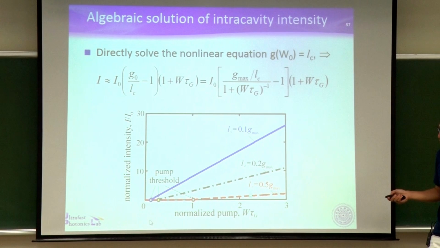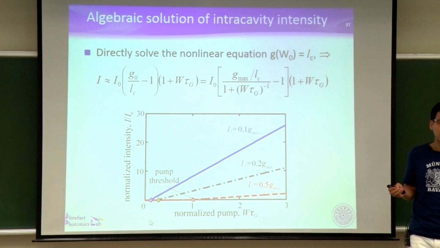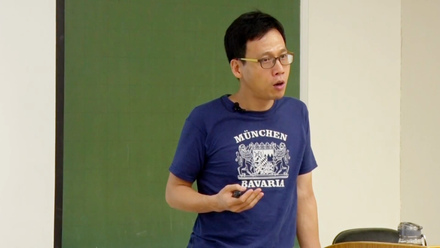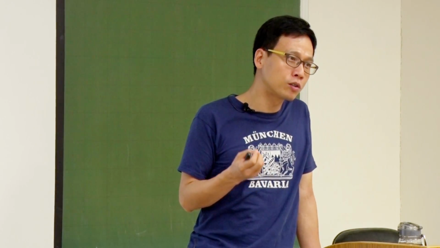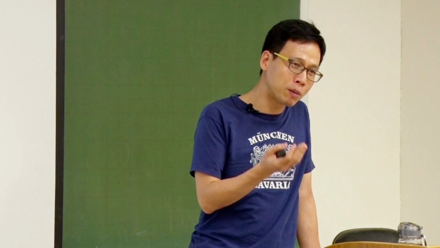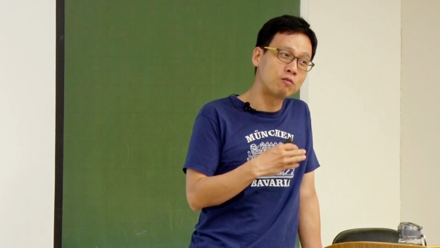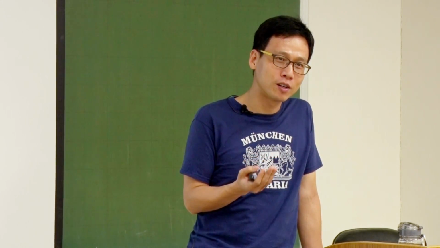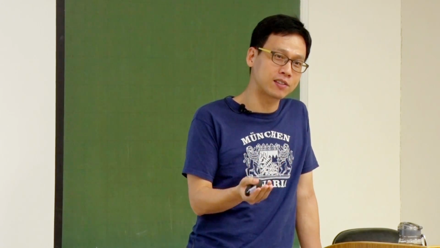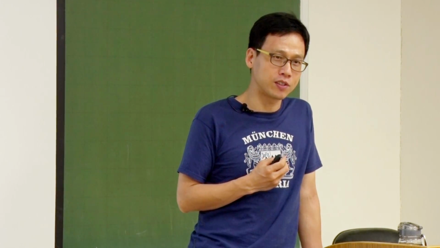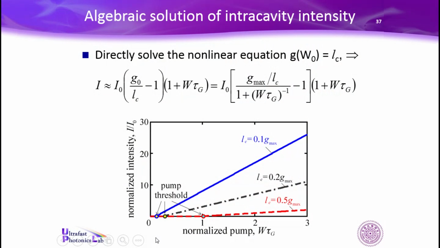If you have bigger cavity loss, you have smaller slope, which is worse. That means you have to provide more pump power to get smaller output power. The conversion efficiency is worse. From pump to lasing intensity, the conversion efficiency is worse, right? Very good.